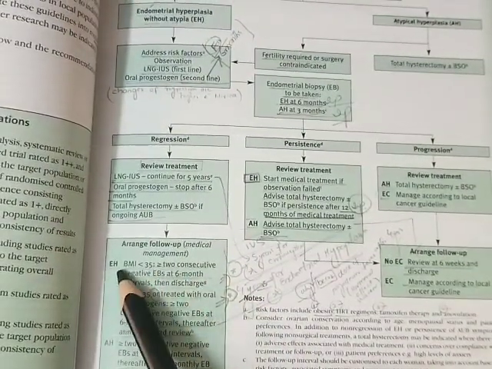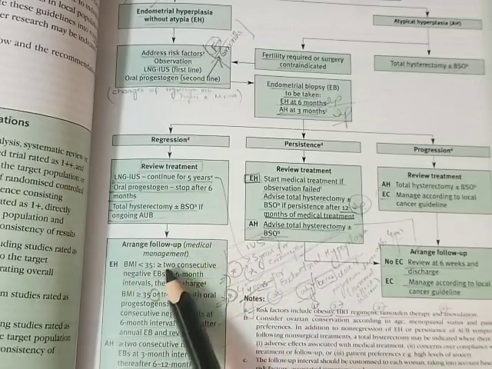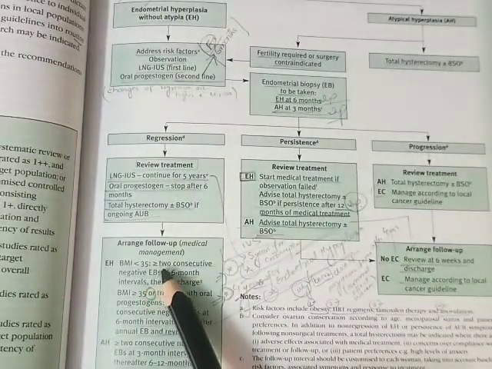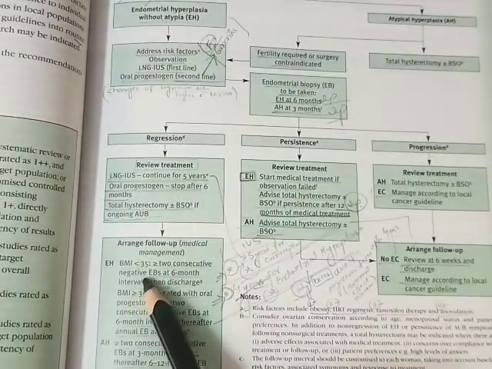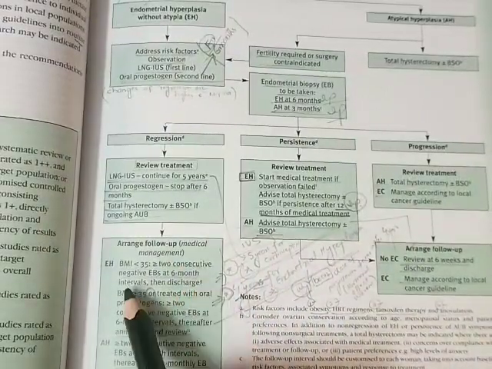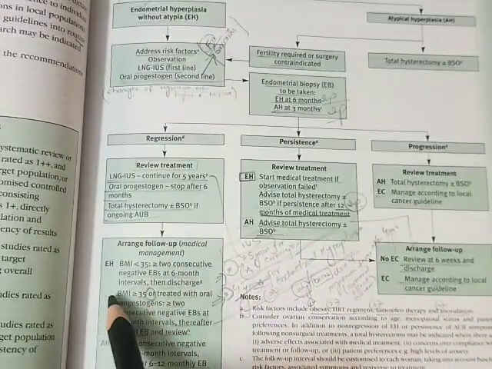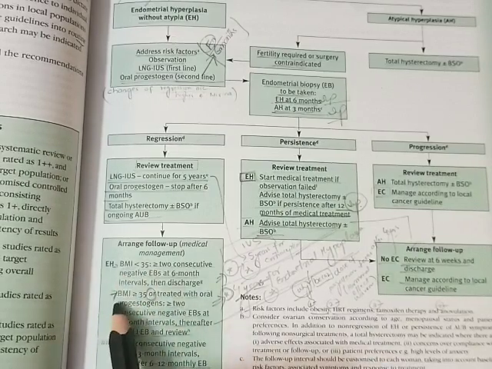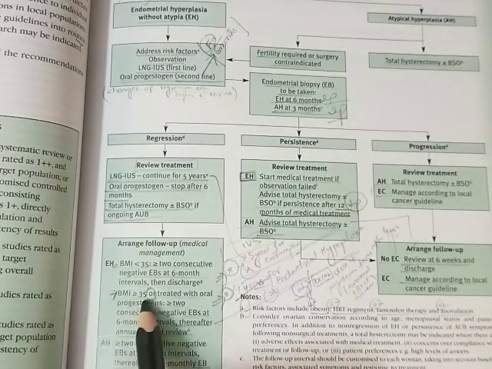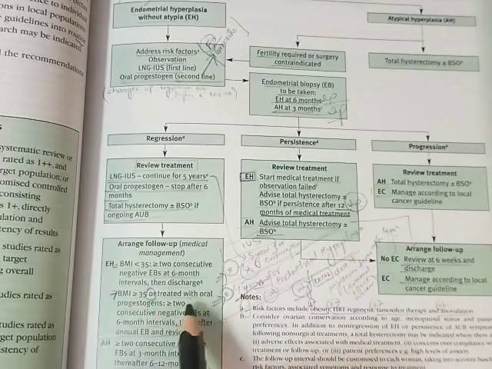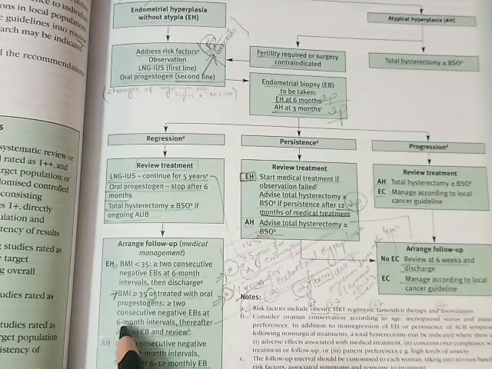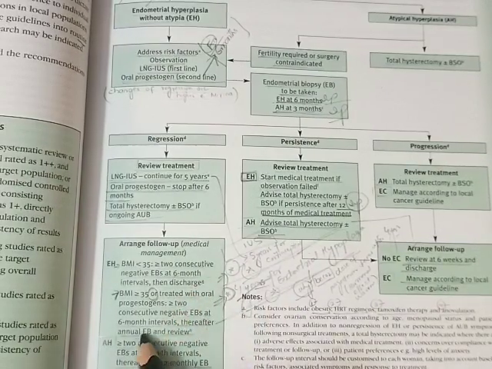In endometrial hyperplasia without atypia, if BMI is less than 35 and there are 2 consecutive negative biopsies, then endometrial biopsy at 6 monthly intervals and then discharge. But if she has a risk factor, as we discussed in the guideline when we were going through the detail, such as BMI more than 35 or treatment with oral progesterone, then even with 2 consecutive negative biopsies, endometrial biopsy at 6 monthly intervals and thereafter annual endometrial biopsy and review.